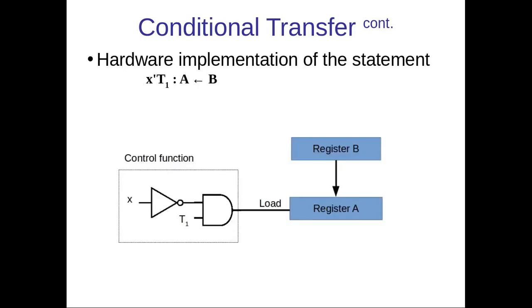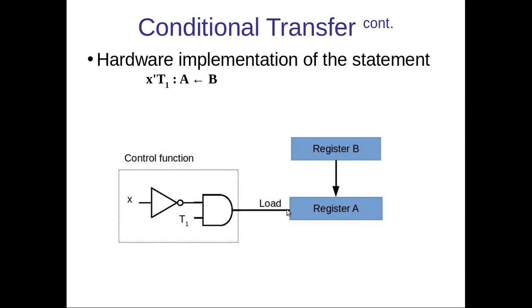So, hardware implementation of the above statement x't1 colon A gets B. This will be the control function, and the operation will be separated by a colon. So x't1: A gets B. The hardware implementation will be just like we have register B and register A. The output of register B is connected with the input of register A. Register A will have a load capability.